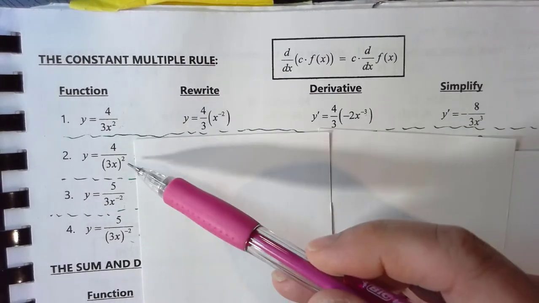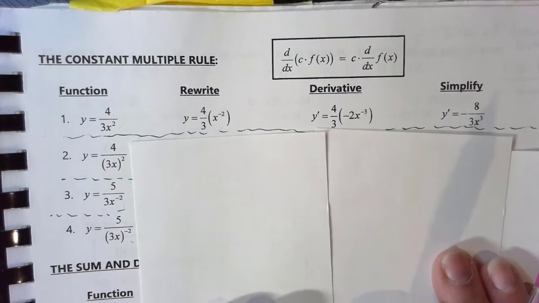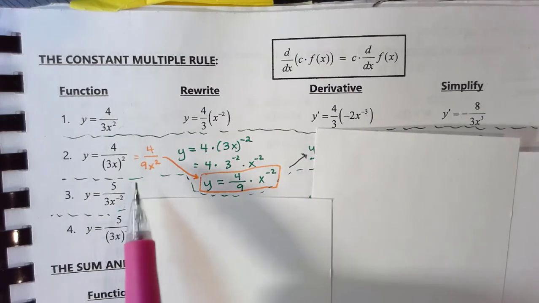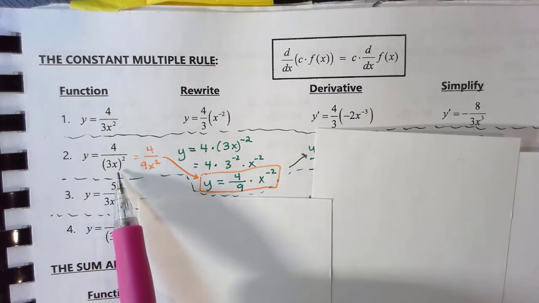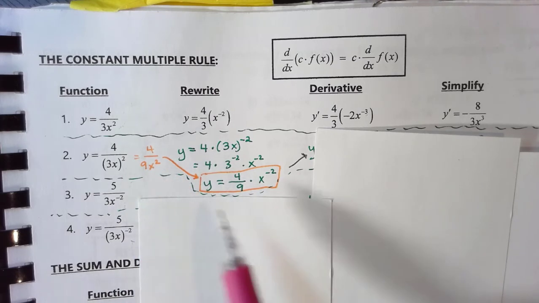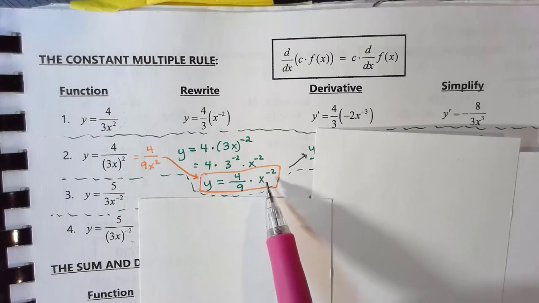All right, let's look at problem 2. It's a little different from problem 1. Notice that all of 3x squared is in the denominator, so we might want to rewrite it. There's a lot of ways to think about it. I think the easiest way is to rewrite this as 4 over 9x squared, and then rewrite that as 4/9 times x to the -2.